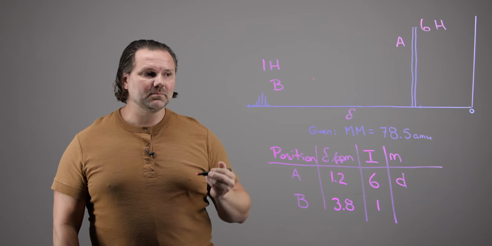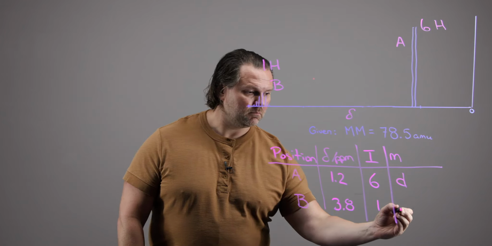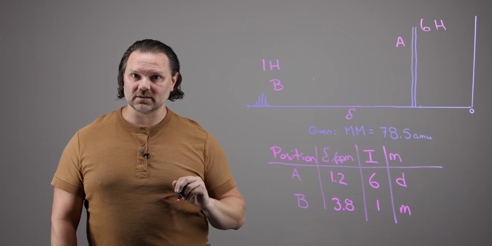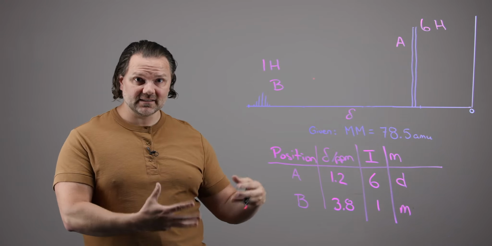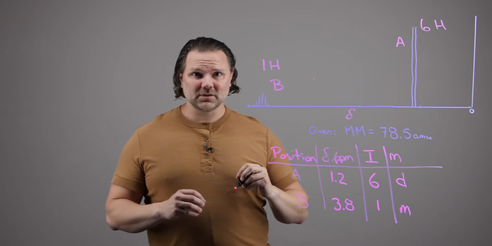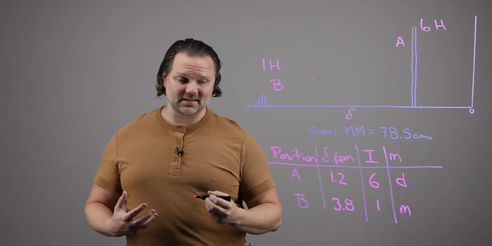In contrast, B, it's a little hard to see, but if you look, this multiplet actually has 7 peaks to it. So we could just write multiplet, but in this case, because I can see those peaks, I might actually put down that I think it is a septet.